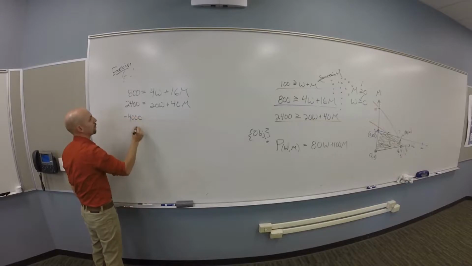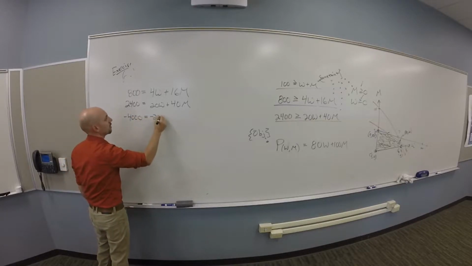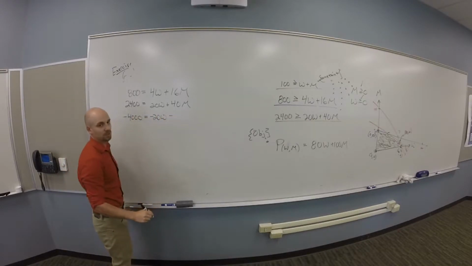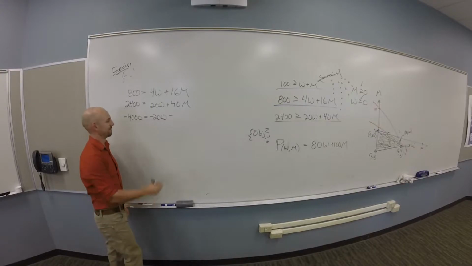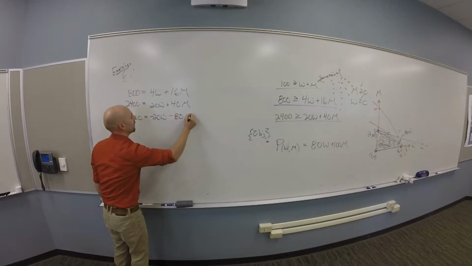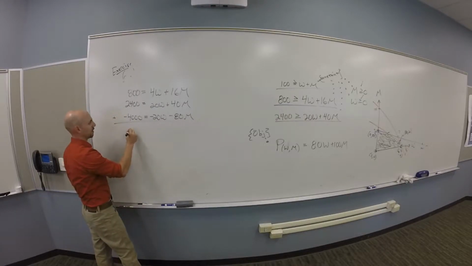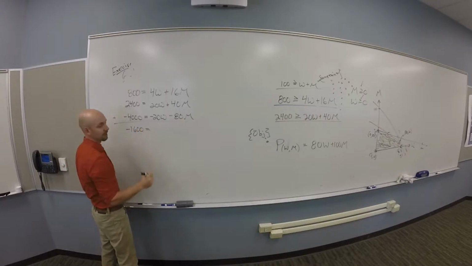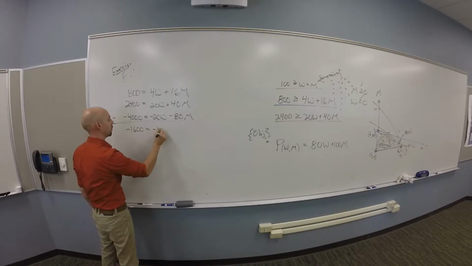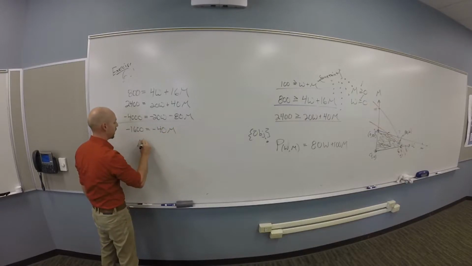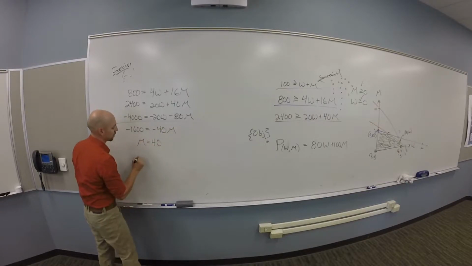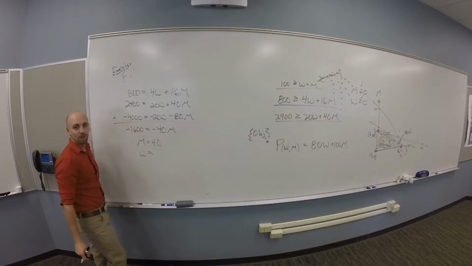So I get negative 4,000 is negative 20W minus 80M. Add those two together, get negative 1,600 is negative 40M. So M is 40, and that makes W.